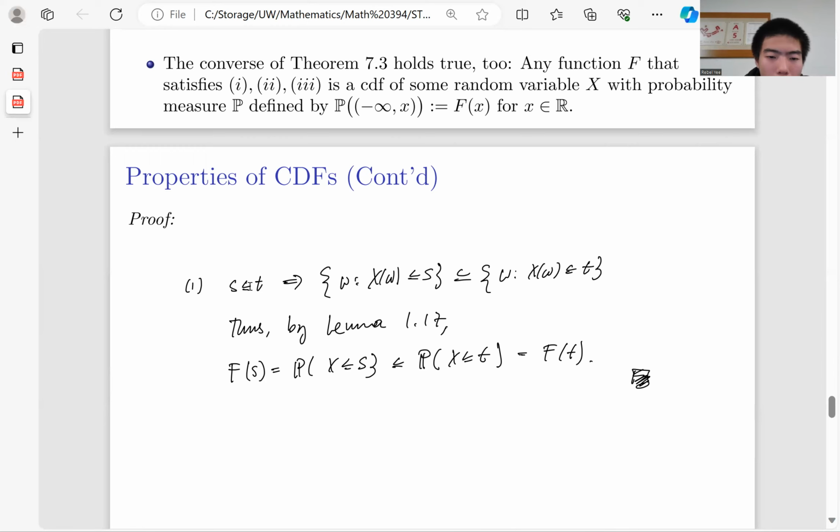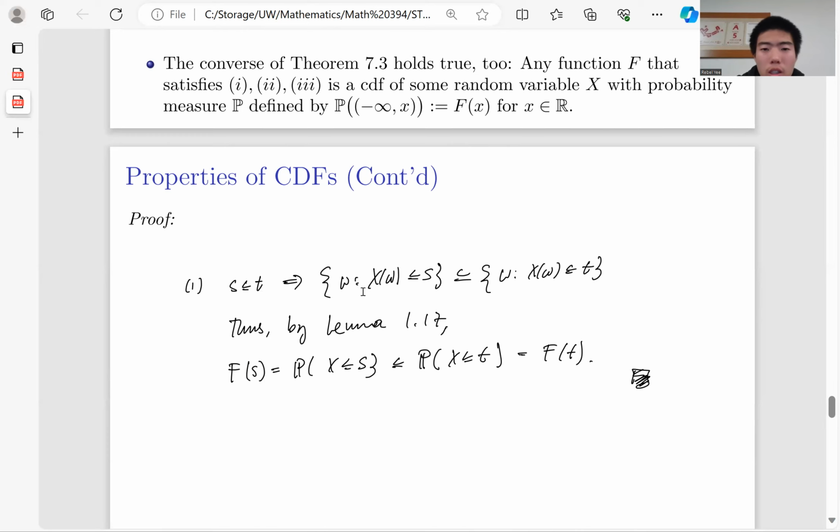If s is smaller or equal to t, then the set of outcomes where the random variable is smaller or equal to s is a subset of the set where it is smaller or equal to t. If you're familiar with the term sequence of sets, this is an increasing sequence of sets, and t has a larger value than s, so s is a subset of t because the union of s and t is just t.